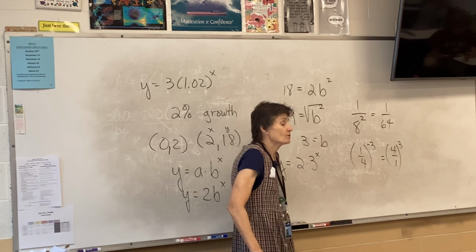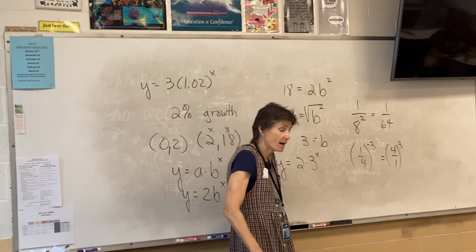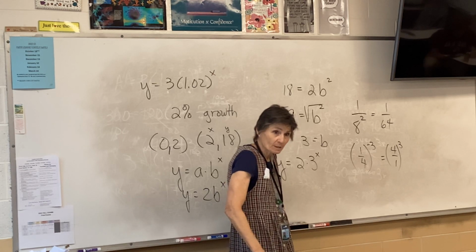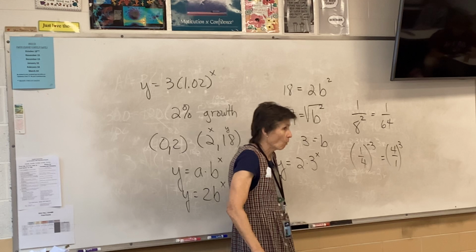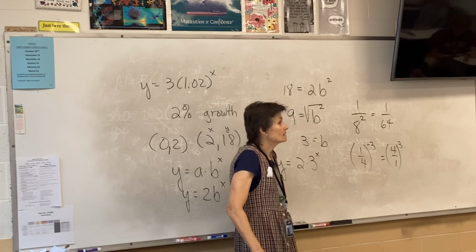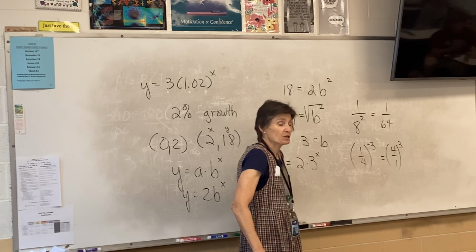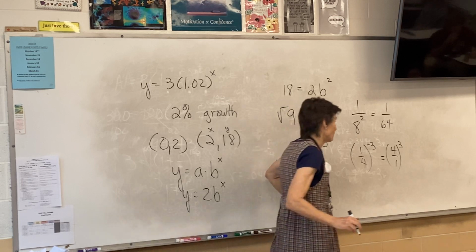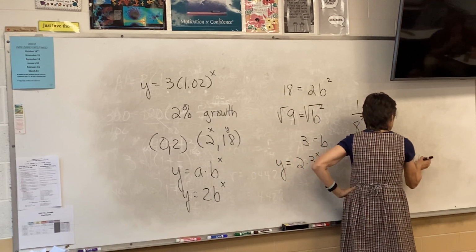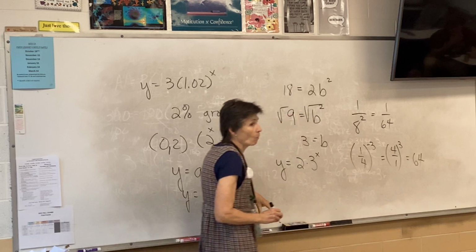What does 4 to the 3rd power mean? It does not mean 4 times 3. What does it mean? 4 times 4 times 4, which is 64. So the answer is 64.